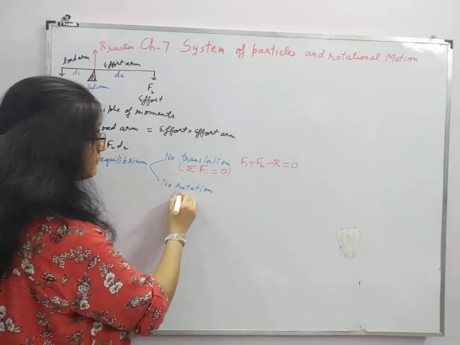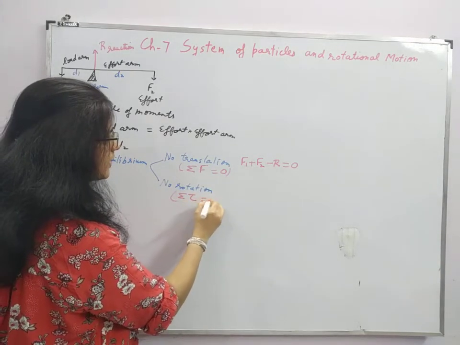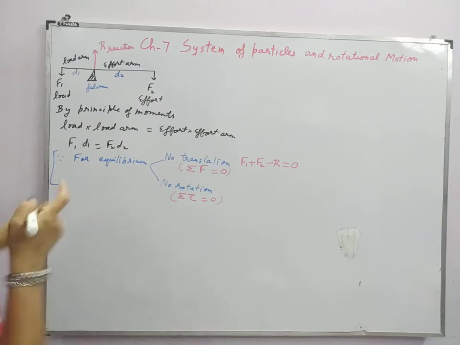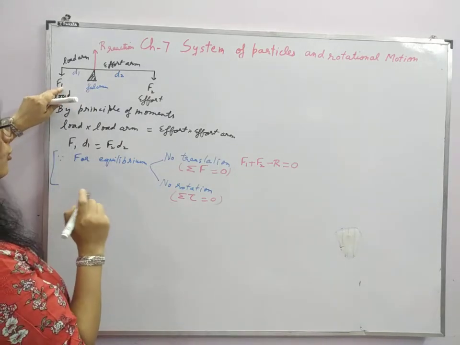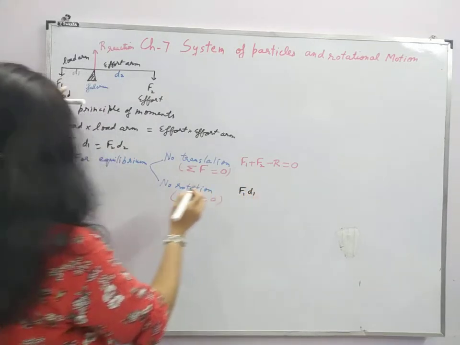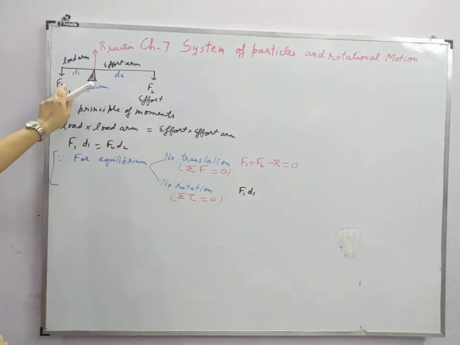For no rotation, net torque must be 0. Now look at this. If we are talking about torque, the torque for the load arm will be F1 into D1, because this is the axis, force into perpendicular distance from the axis of rotation.